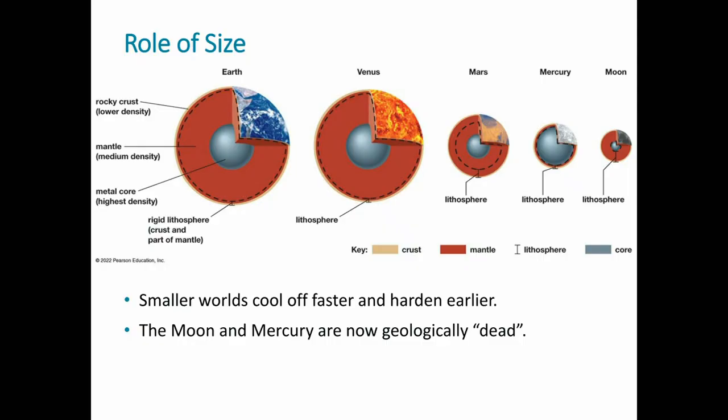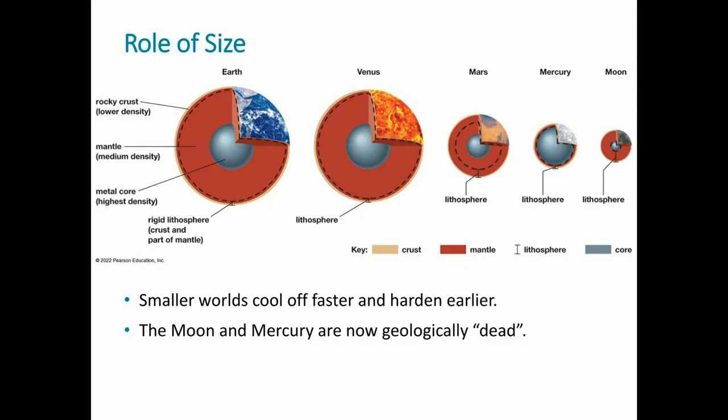There's debate about whether Venus is currently geologically active or not. It's very hard to study Venus because it has a very thick atmosphere and we can't send probes there. But we think it either was very recently geologically active or is still active.